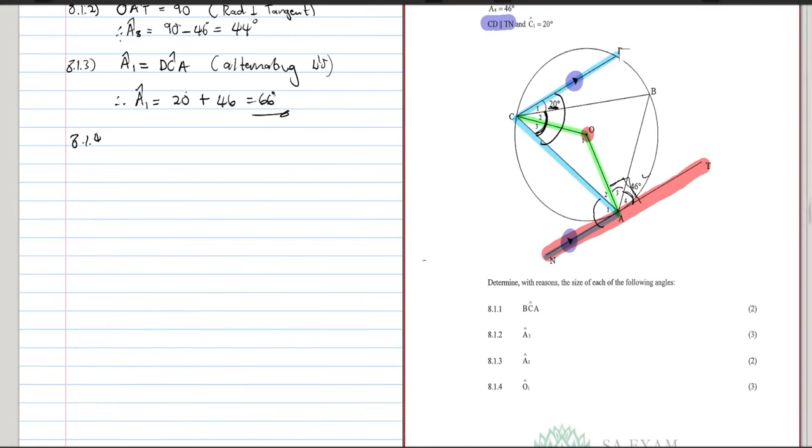Let's just clear up the sketch, it's so noisy. So this is 66. Maybe let me put this information here, and then this is 46. What else did we calculate? A3, we got 44. I don't have A2. I'm looking for this now.